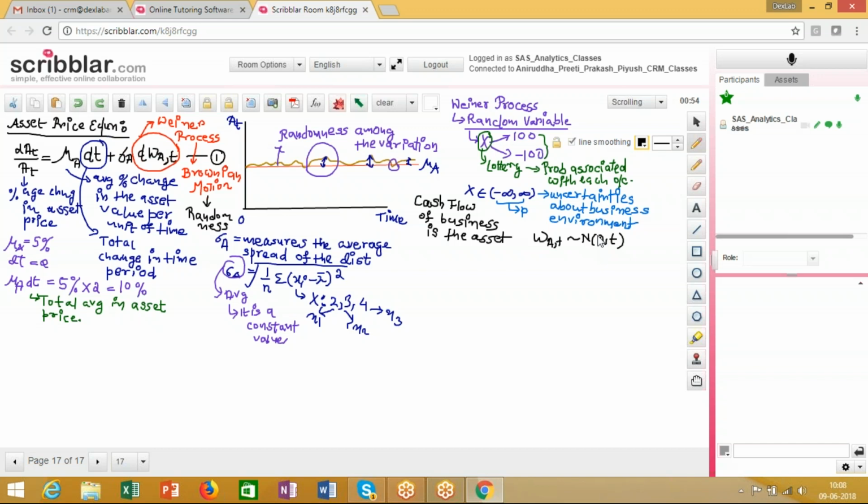Each of these components introduced in this asset price equation is interpreted in an intuitive manner. Is this intuitive interpretation clear to us? Any questions up to this point? Preeti, Karan, Vishal, Kumar, whoever is there in the session. Yes, Anirudh.